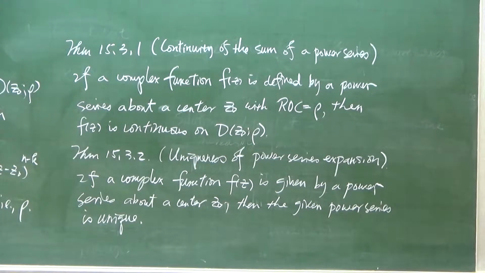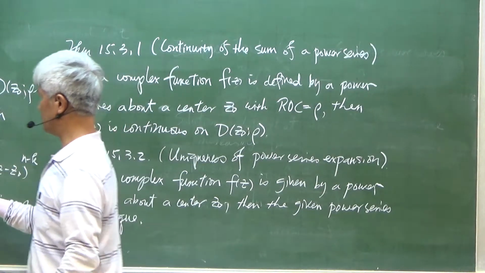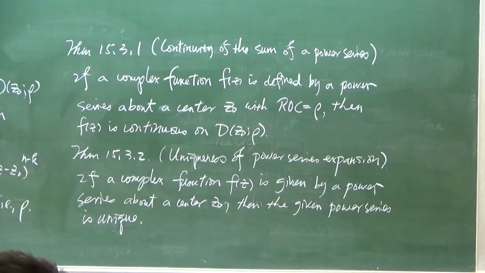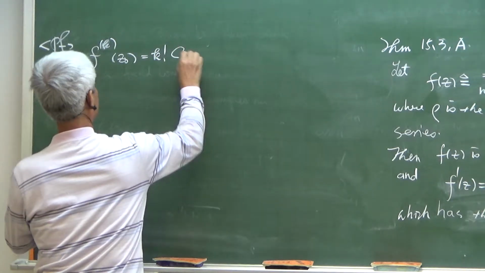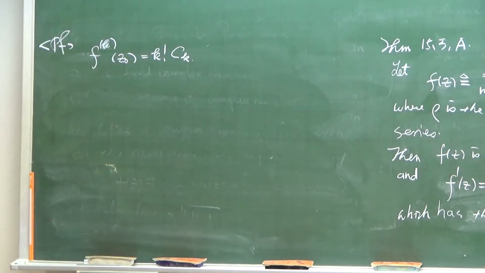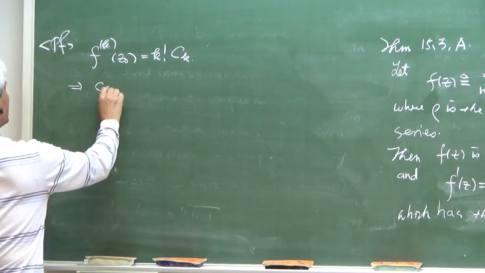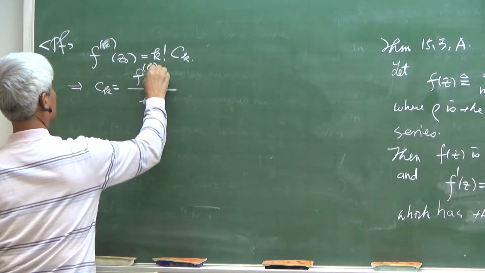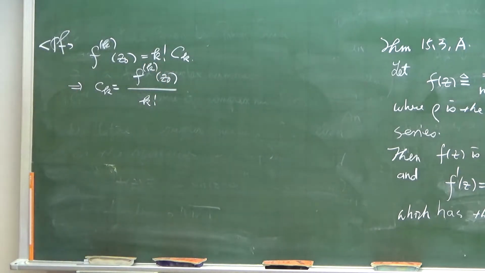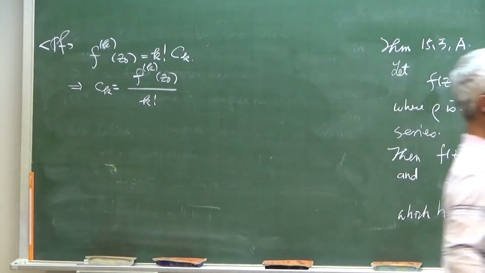If you evaluate the kth derivative at the center, you have only one term, and this term is equal to k factorial c_k. So that implies that c_k can be determined by the kth derivative of the function at z0.